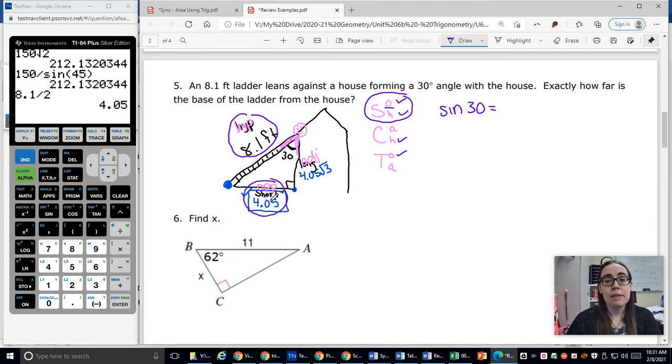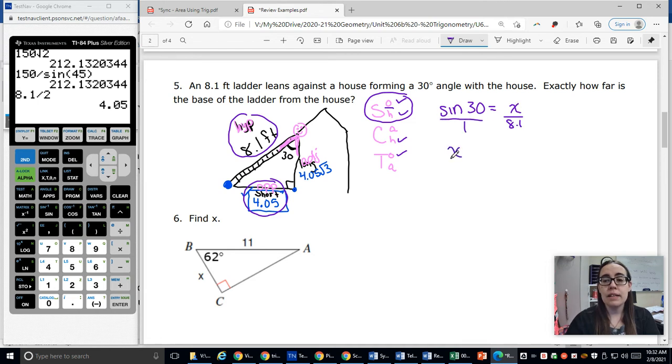And we already found the opposite, but let's say we were still trying to find it because we forgot about 30, 60, 90 triangles. So that's like an x equals x over my hypotenuse, 8.1. Put the left side over 1 so we can cross multiply.